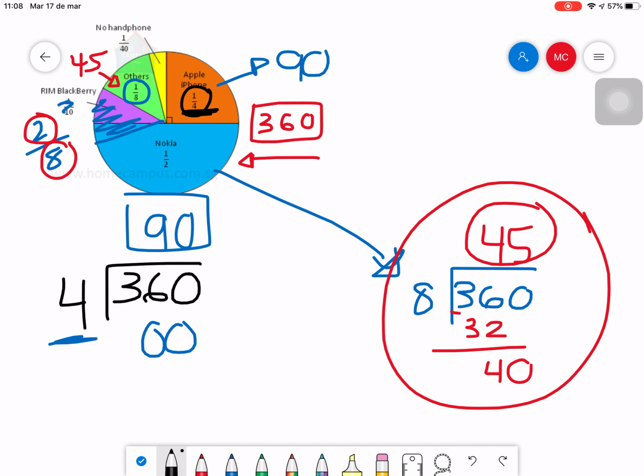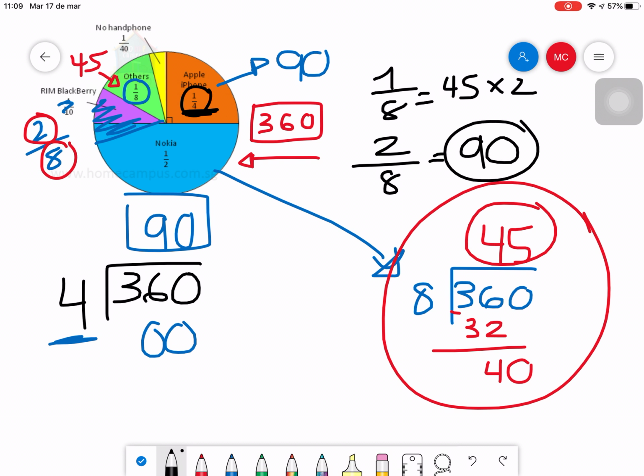And I say, if 1/8 is 45, then 2/8 is, what do I do? Multiply this by 2. 2 times 45. And that will be 90 here. So 2/8 is 90 people, okay?